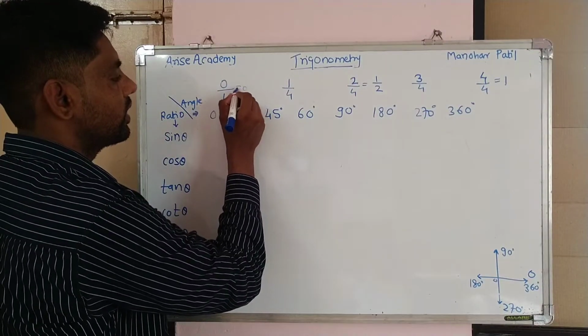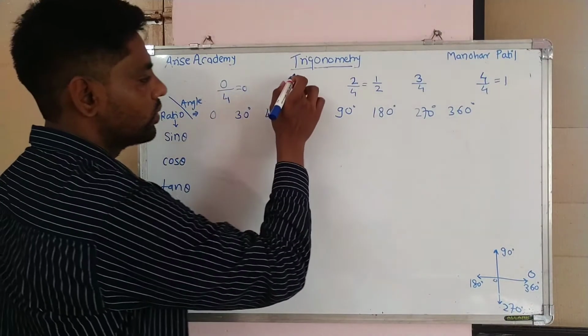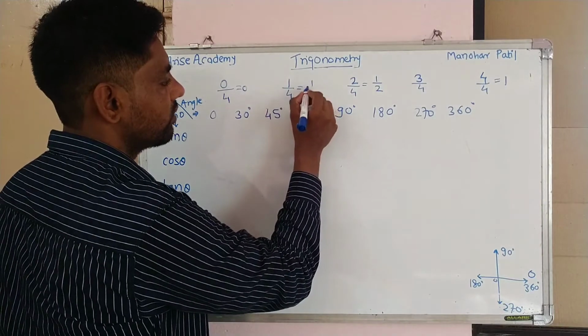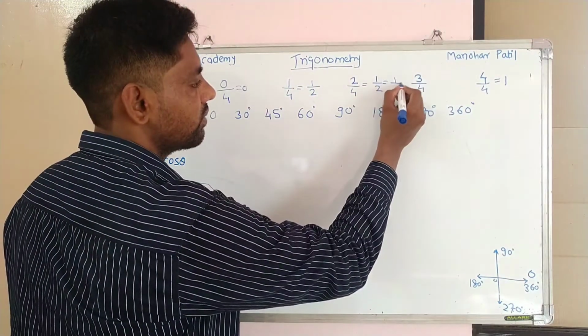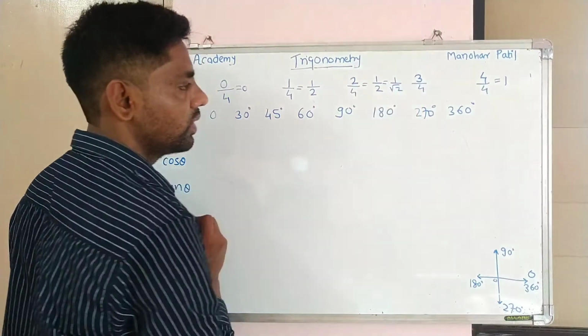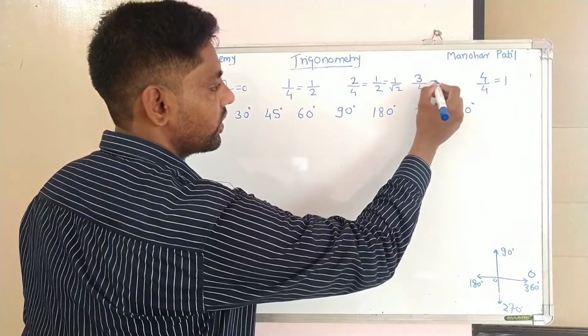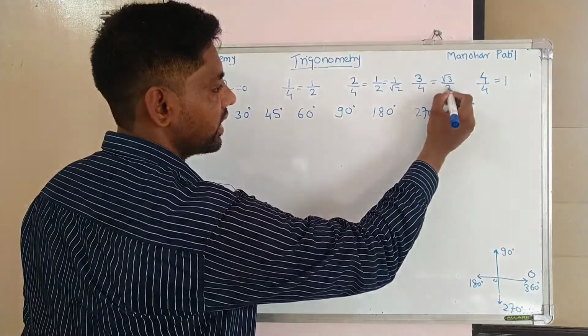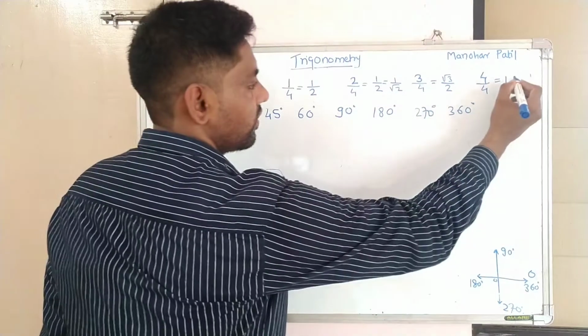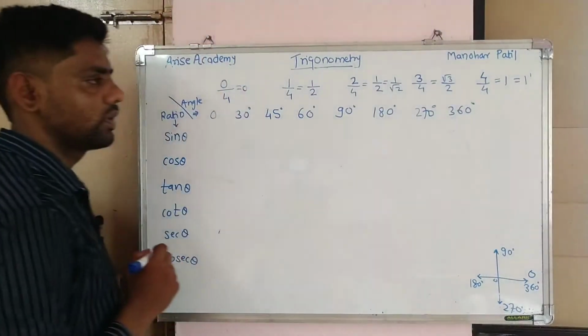So root of 0 is always 0. Root of 1 by 2 is nothing but 1 upon root 2. Root of 3 by 4 is nothing but root 3 divided by 2. Root of 1 is always 1.